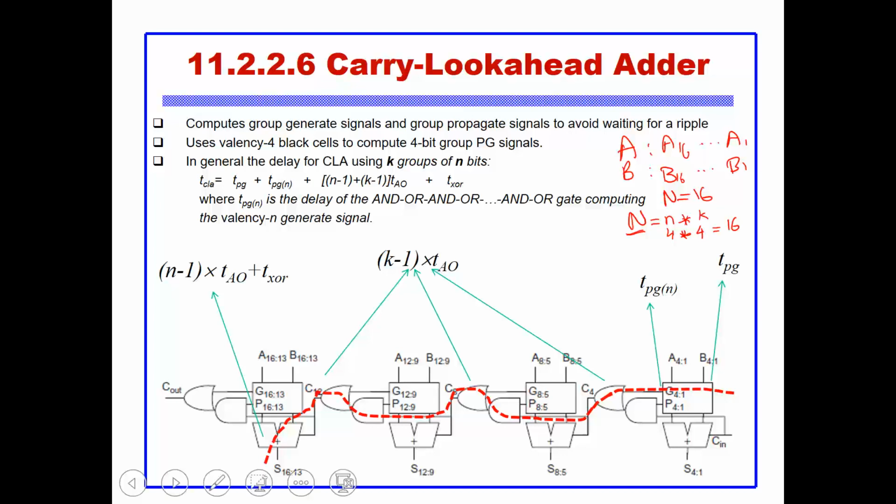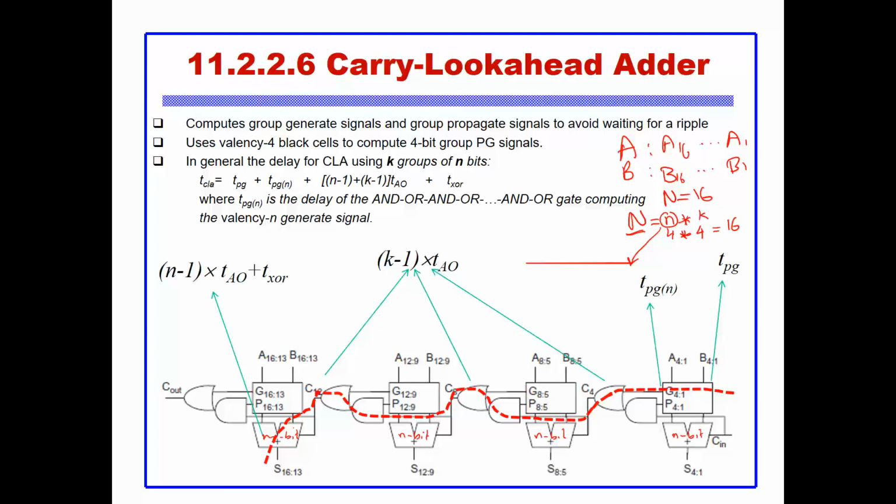What we do then is the following. For the small n, we have these n-bit adders. How many of those do I need?